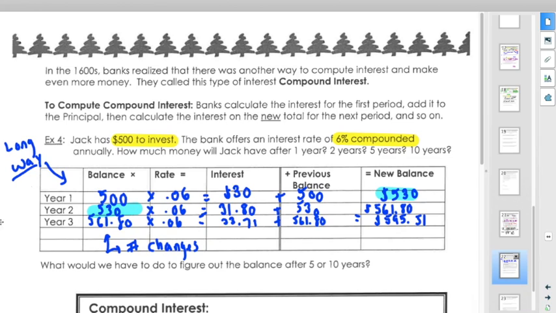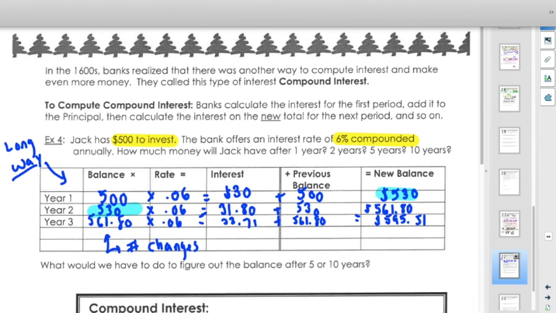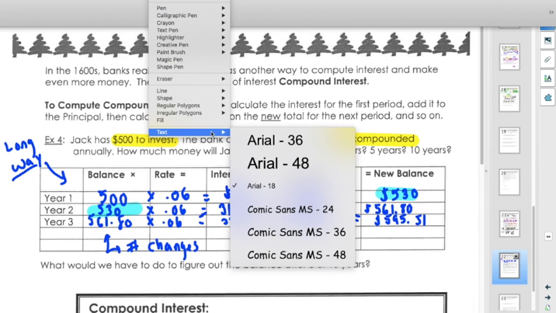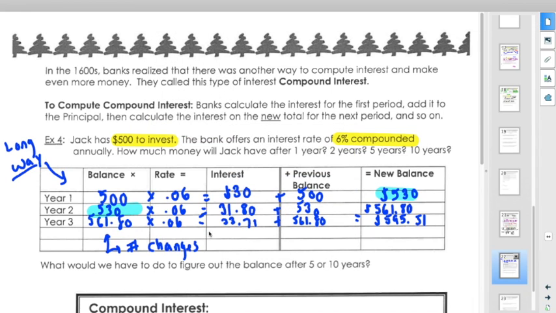There is a shorter way to do this. But let's see this first. What would we have to do to figure out the balance after 5 or 10 years? What would I have to do to figure out that balance? Well, what we have to do is we have to find the interest and balance for every year beforehand.